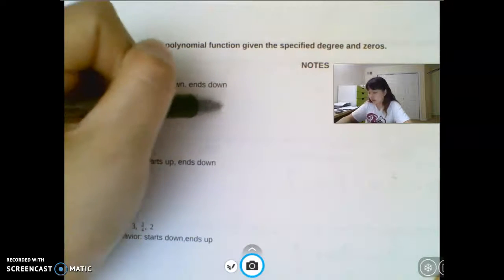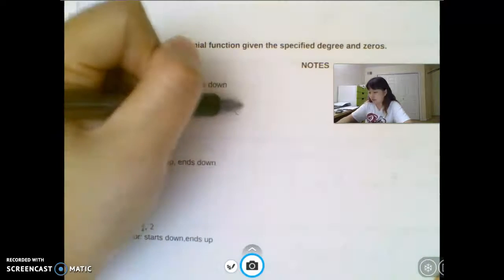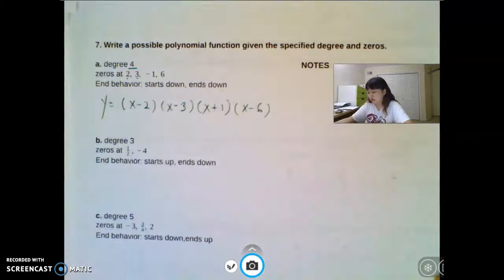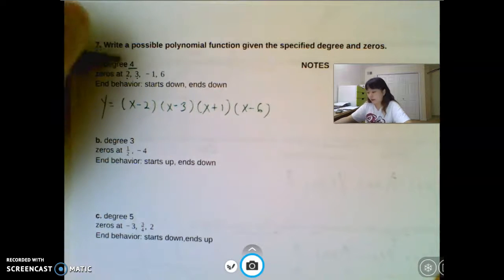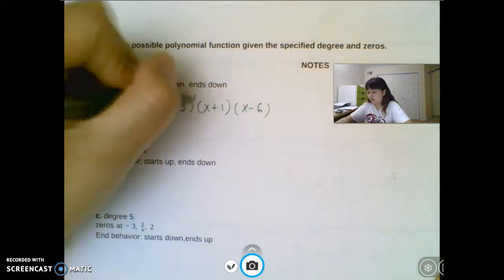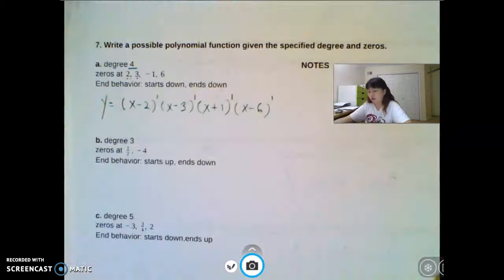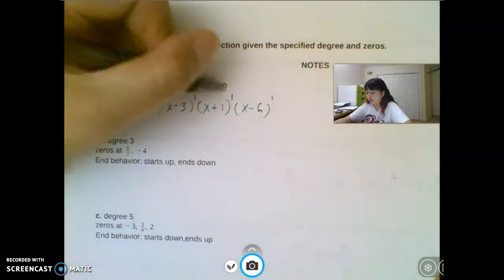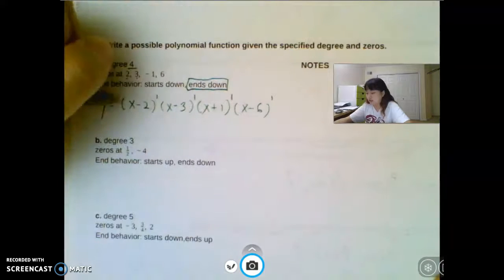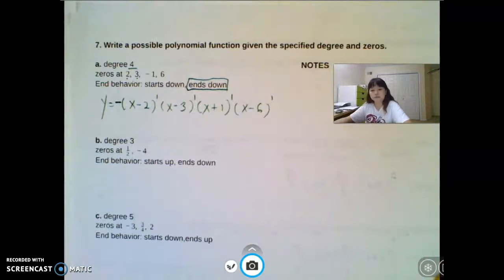Negative 1, so we're going to do the opposite sign. Positive 6, so that's negative 6, right? Degree is 4. Well, if it's 4, it has to be all 1, 1, 1, 1, because otherwise we cannot add up to 4. And then end behavior, just look at the end behavior. Literally it ends down, so it means it has to be negative.